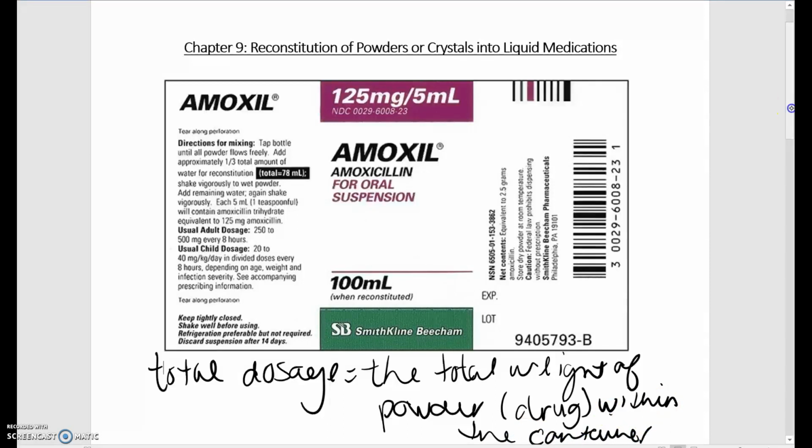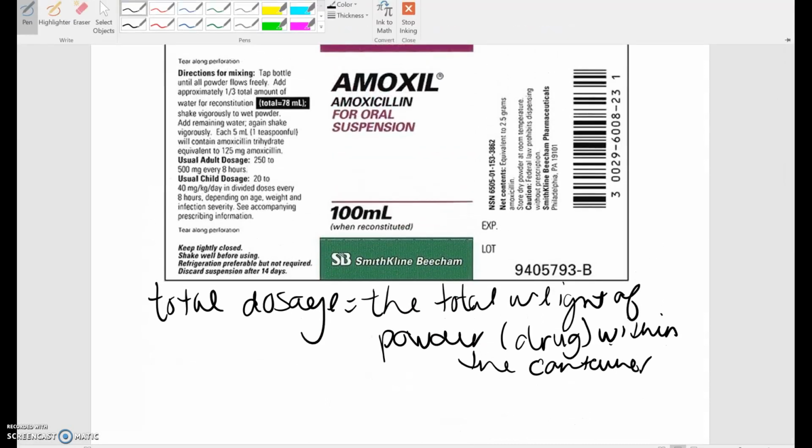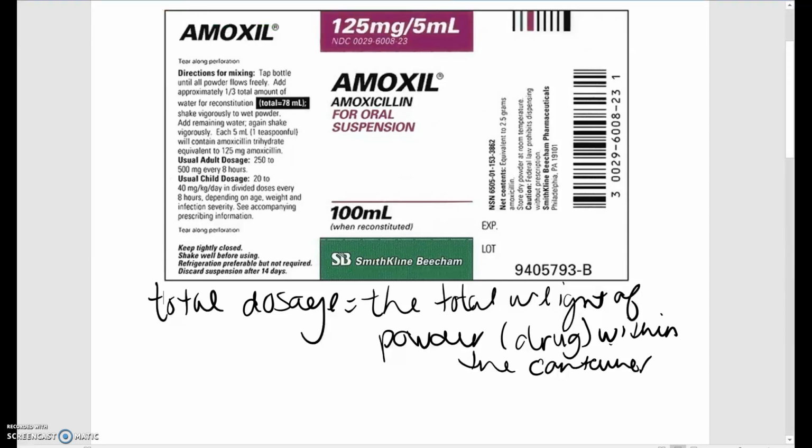Sometimes you can identify that on the label. If I look to the right of this label, right here where it says net contents, it says equivalent to 2.5 grams of amoxicillin.